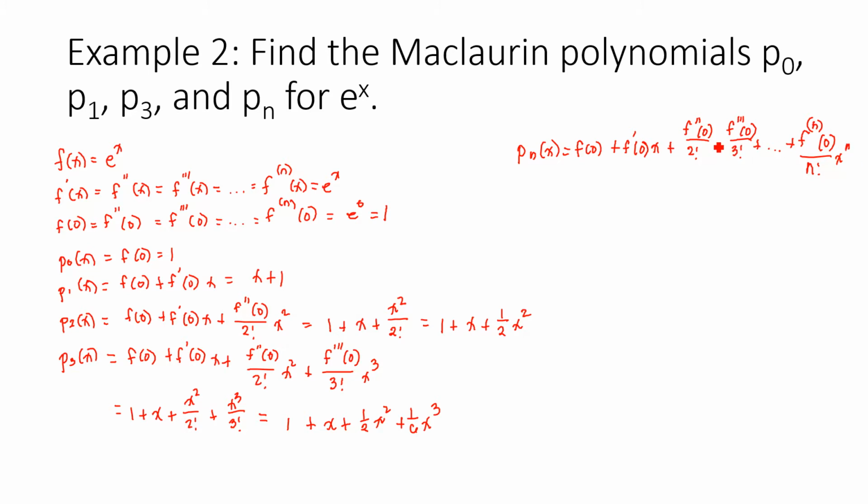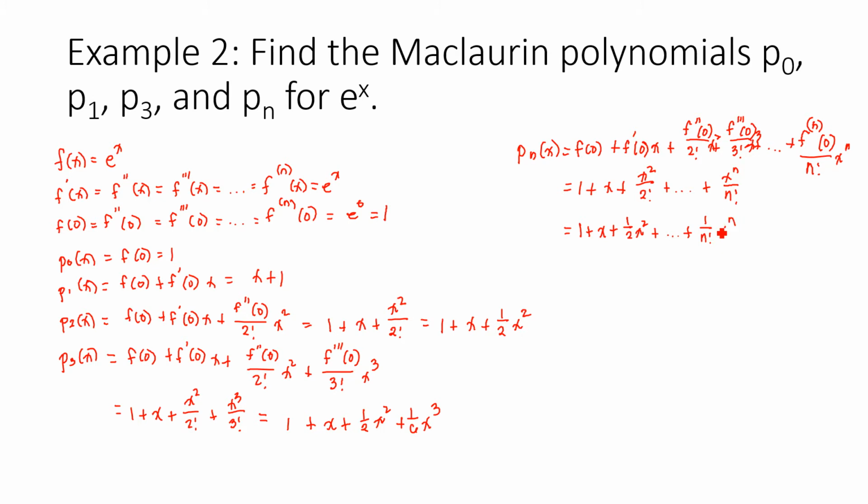This must be x squared, x cubed. Which is equal to 1 plus x plus x squared over 2 factorial plus so on, plus x raised to n over n factorial. Or this can also be written as 1 plus x plus 1 half of x squared plus so on, plus 1 over n factorial of x raised to n.